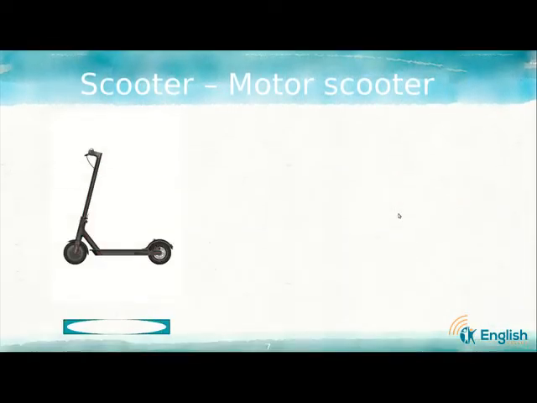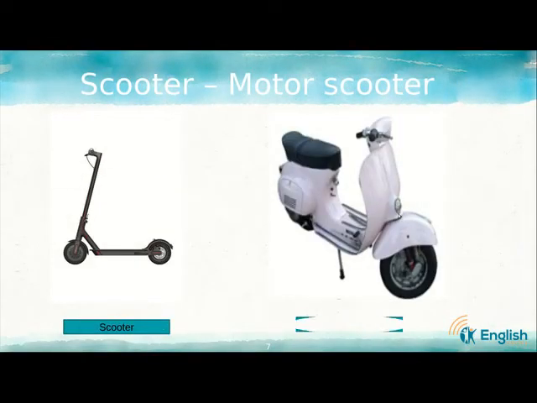Scooter, scooter, motor scooter, motor scooter. A scooter can also be called a kick scooter or a push scooter because you need to kick or push with your feet in order to propel the scooter forward.